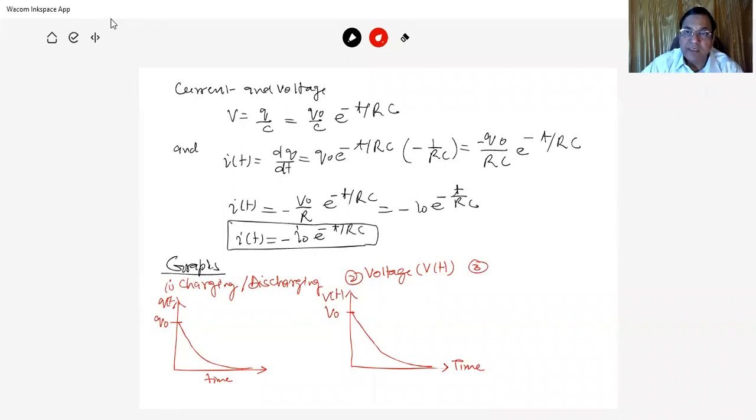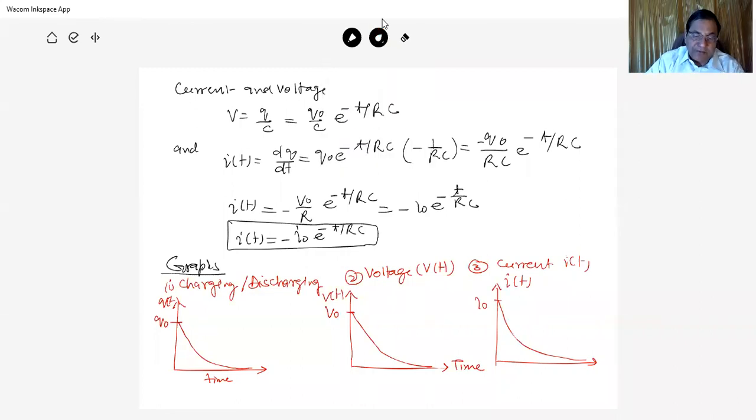And third, current. This is I0. This is I of t.